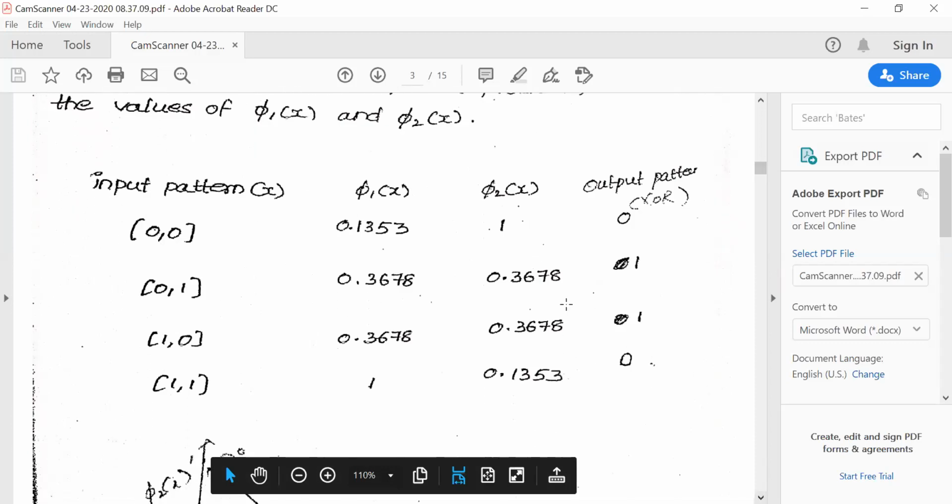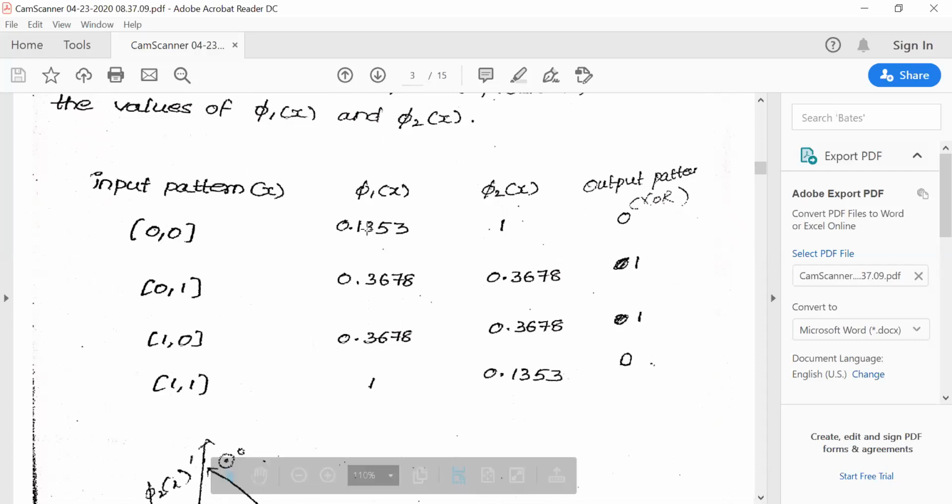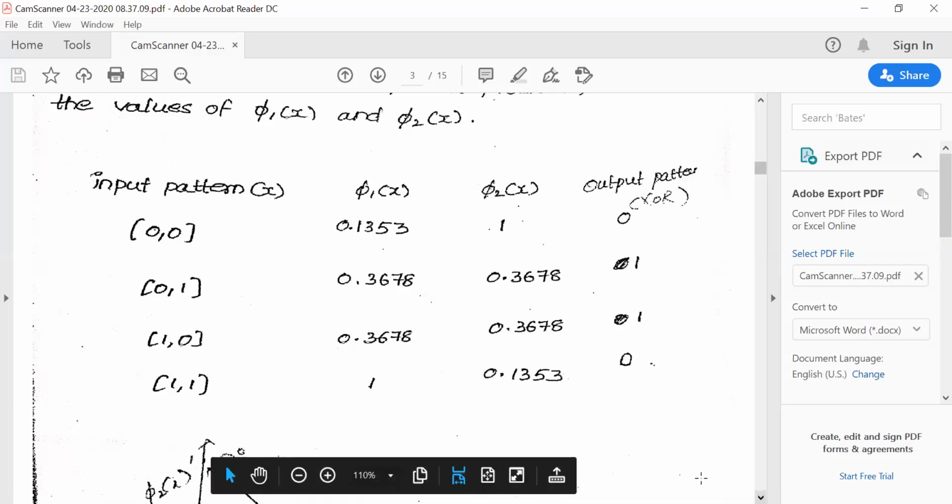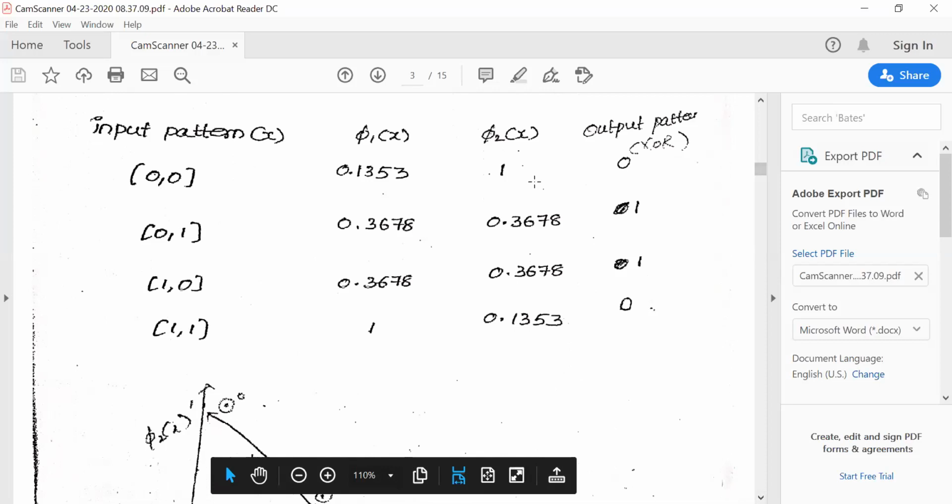Now the new values are calculated with the help of phi1 and phi2 of x. The point (0,0) represents 0.1353 comma 1. (0,1) represents 0.3678 comma 0.3678. (1,0) represents 0.3678, 0.3678, and (1,1) represents 1 comma 0.1353 in the higher dimension space. Therefore, we'll draw these points as input vectors.